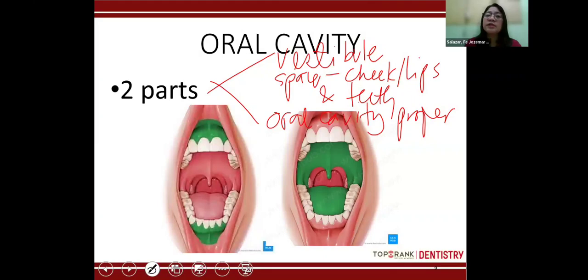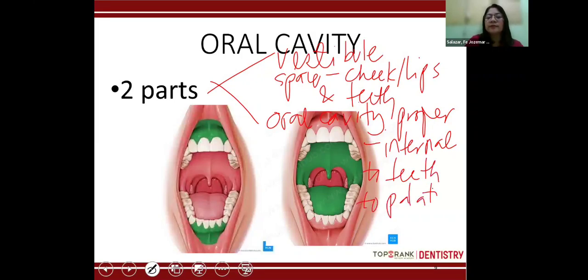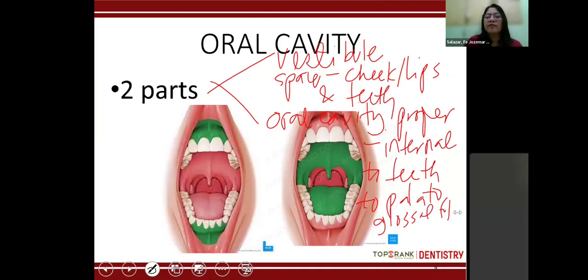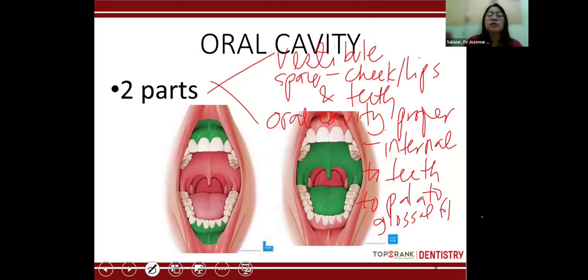So what is the oral cavity proper? That is the part of the oral cavity internal to your teeth up to the palatoglossal fold. So those are the two parts of the oral cavity: your vestibule and your oral cavity proper.